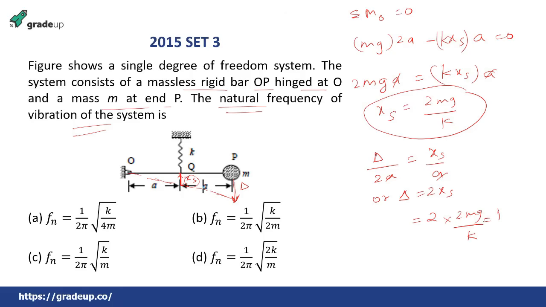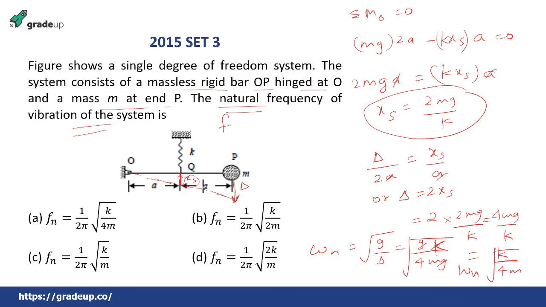So this is equal to 4mg by K, and we get omega n equal to under root g by delta. So g by delta is g into K by 4mg. This g goes off, K remains, so K by 4m. This is omega n.